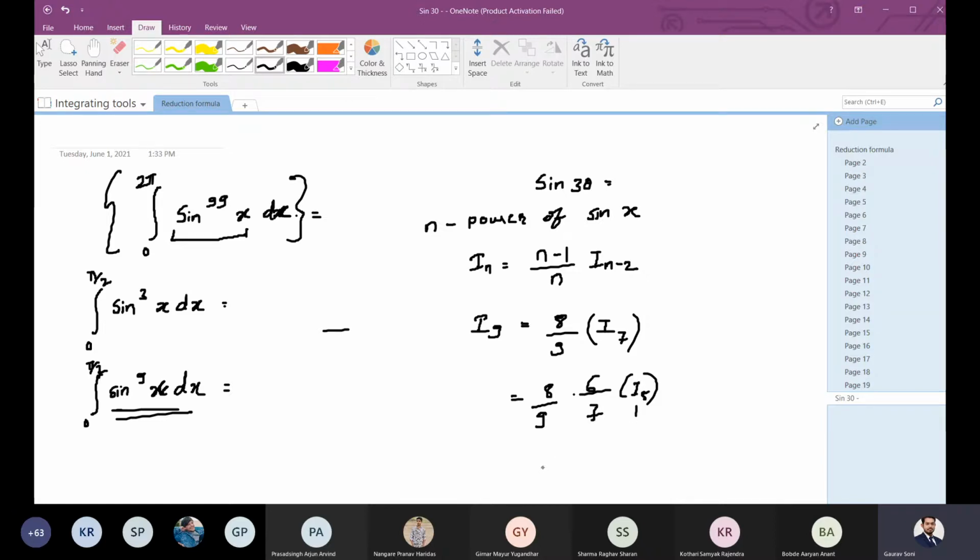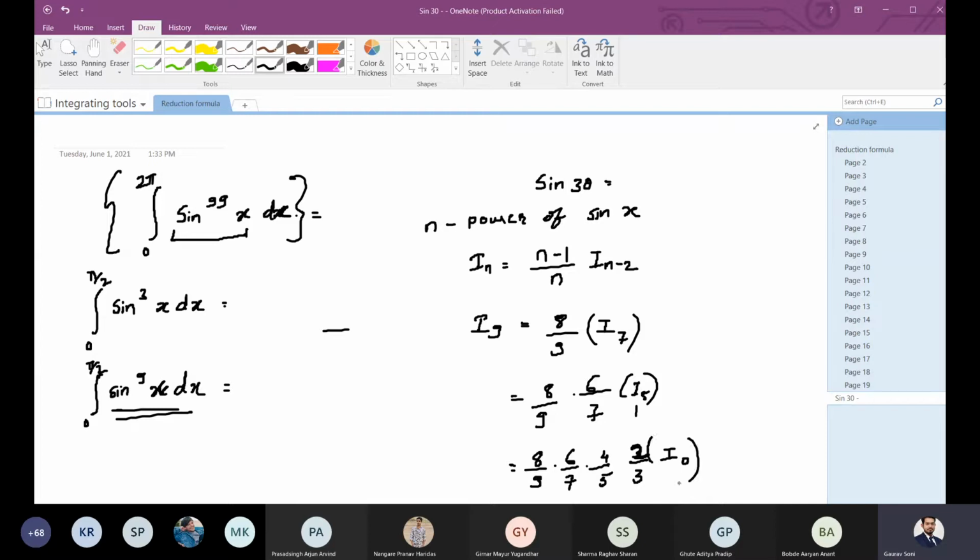I5 again I can reduce, so this will be 8 by 9, 6 by 7, then 4 by 5, then 2 by 3, and this will come down to I1.